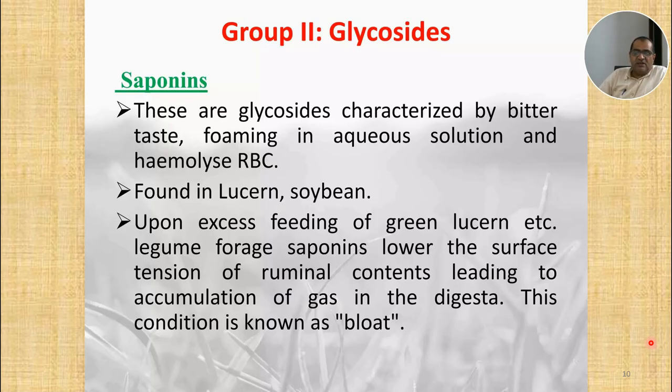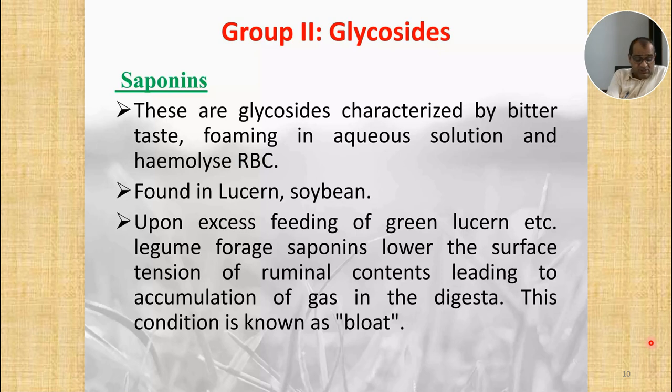Hence, bloat is an emergency situation, and many times farmers do not know that excess feeding of legumes, especially lucerne, should not be done. Many farmers have lost their cattle by excess feeding of lucerne.